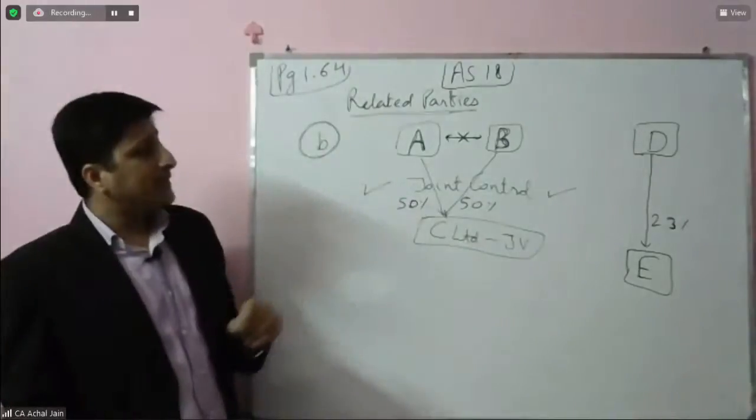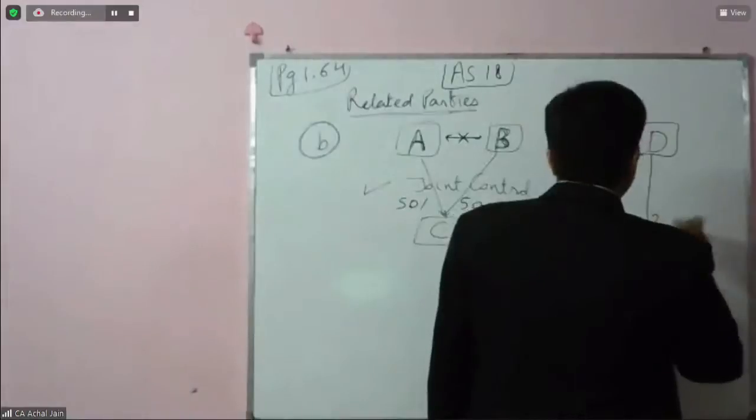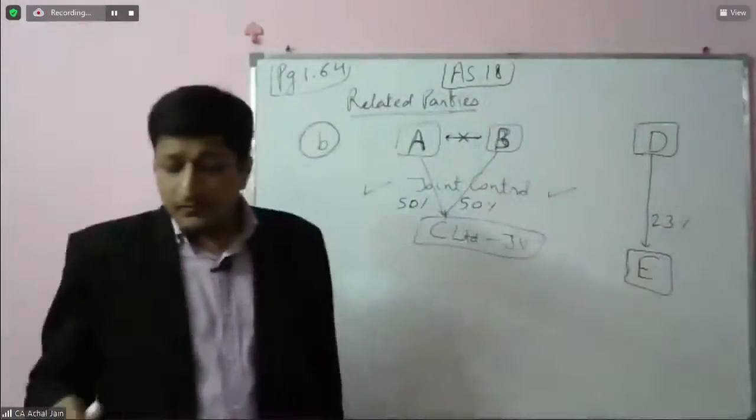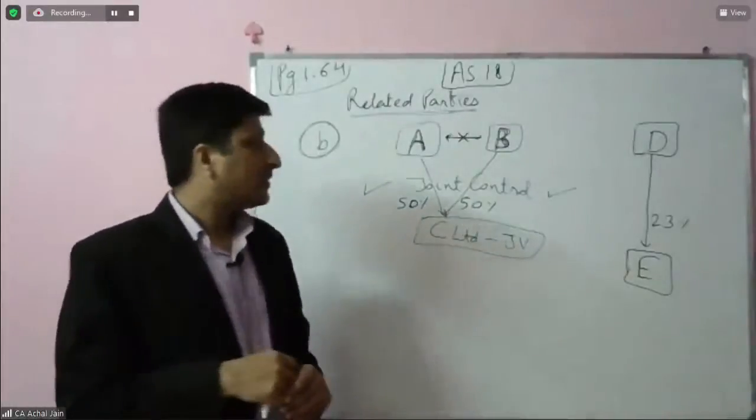Now in point number B, another point which you can remember is for joint venture, it has to be equal stake.